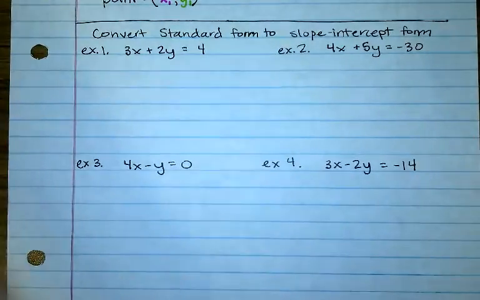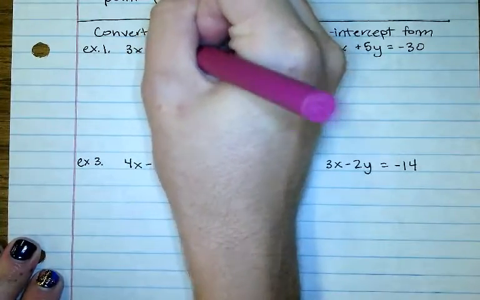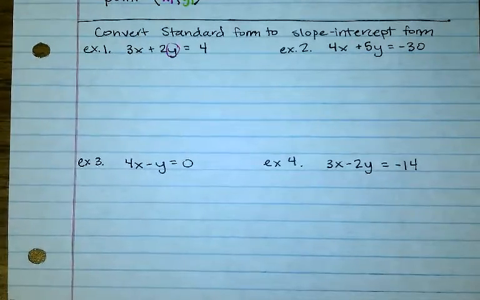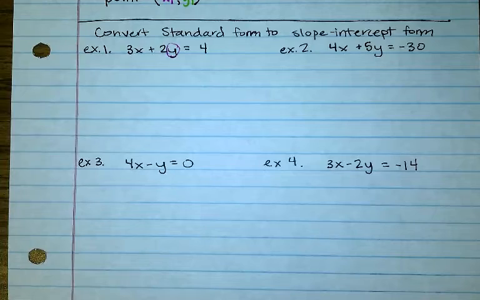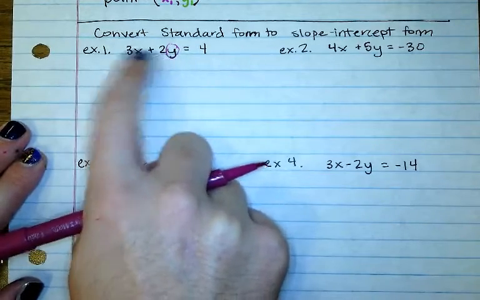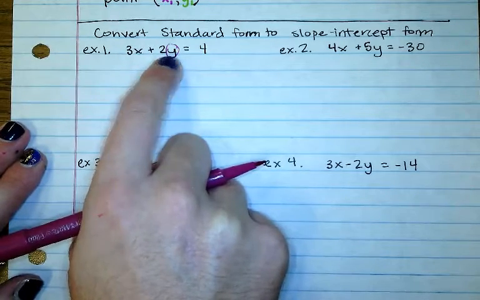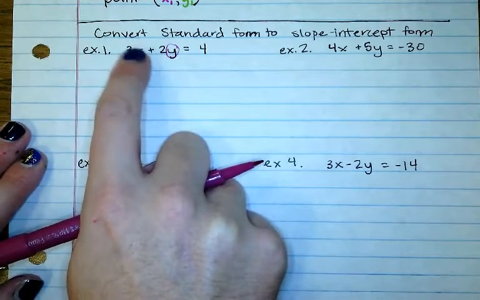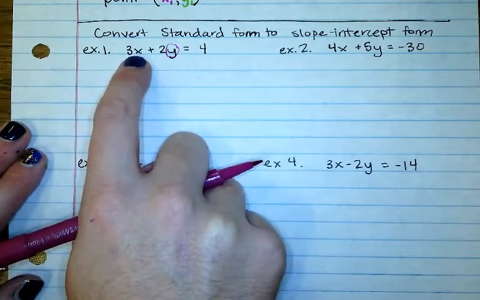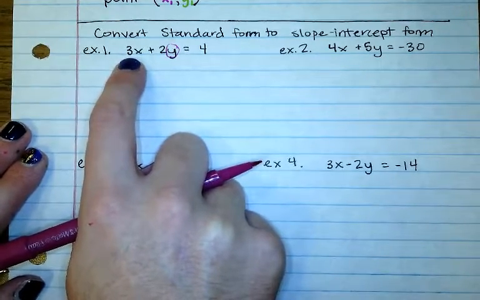So we want to do what we can to get this y by itself. So what's the first thing that we need to get rid of? We have 3x plus 2y. So guys, the first thing we have to do is we need to add or subtract. We need to get this 3x off this side. How are we going to get the 3x out of here? Yeah, we're going to subtract 3x.